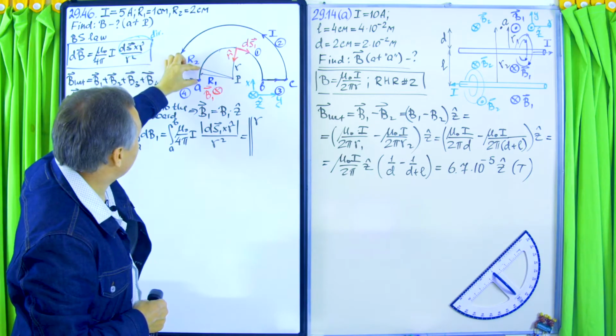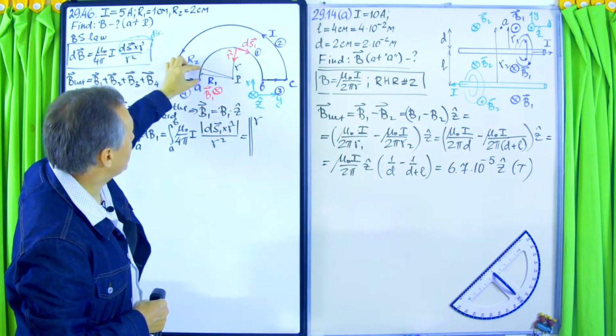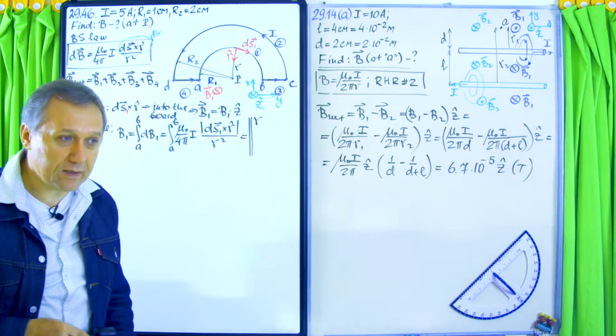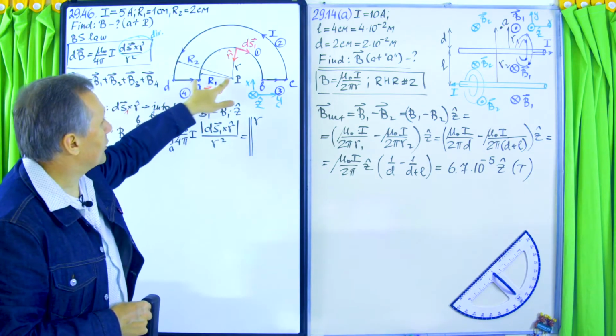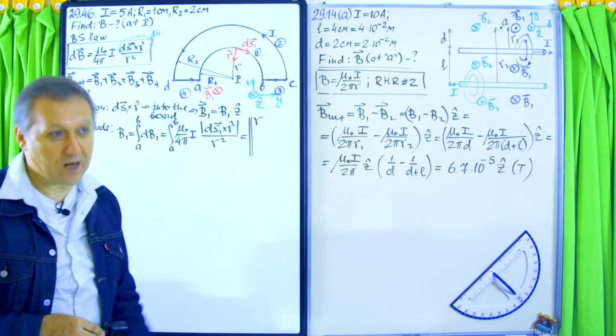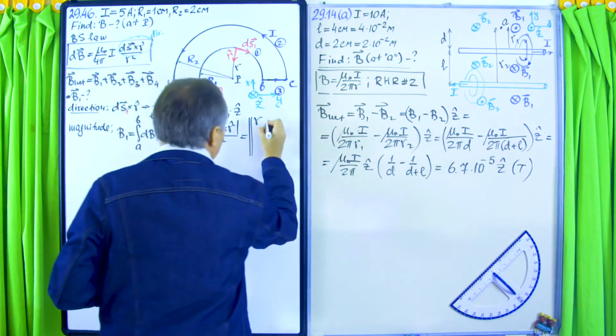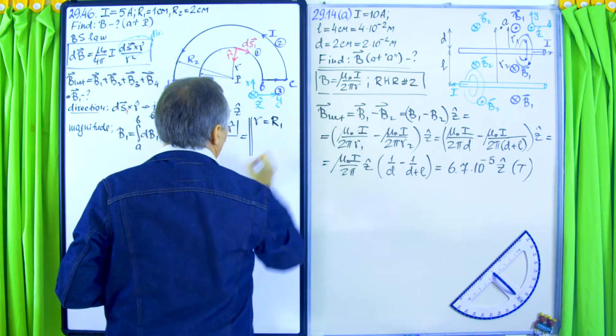And it's exactly the same if you integrate. It doesn't matter where your ds is, here, here, here. R is going to be equal to capital R1, because we are on a semicircle.